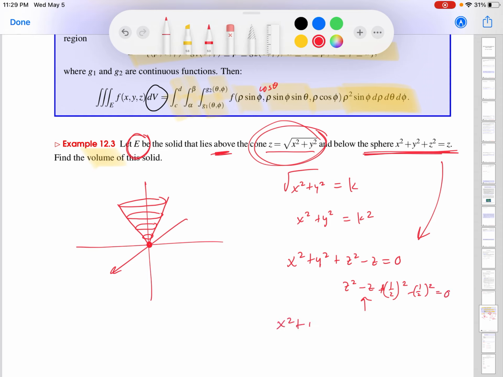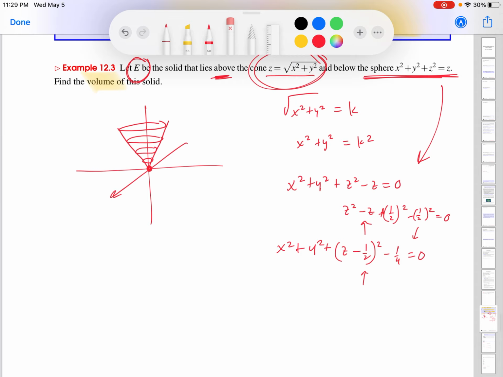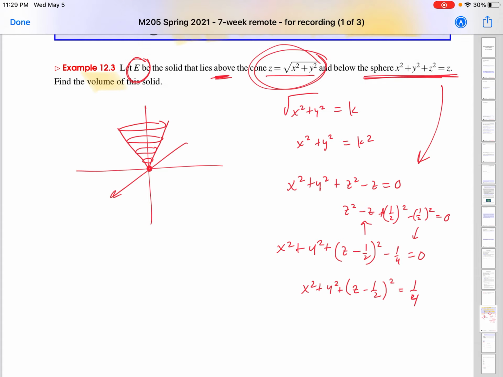And then I just keep the sign, z minus 1/2 squared, and this would multiply out to a positive 1/4. So I would subtract this 1/4 equals 0. So that is now my equation of the sphere in standard form, which is great because I can pick out the center and the radius. So this is a sphere centered at 0, 0, 1/2, and it has a radius of 1/2. Right, square root of that number.